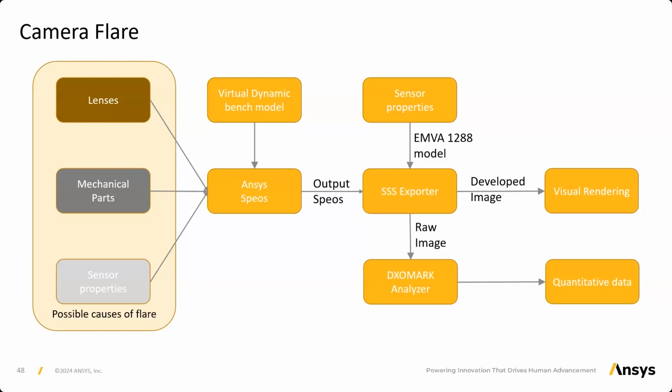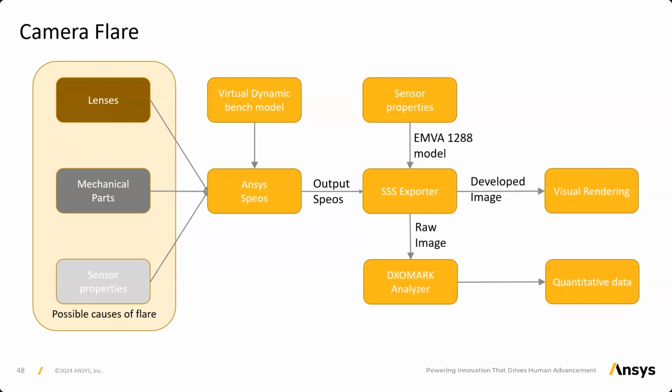We did that in order to be more efficient regarding simulation time, and also to have more capability to analyze the different results and the different contributions. So then we added the three contributions into one global contribution to put that into the SSS exporter.